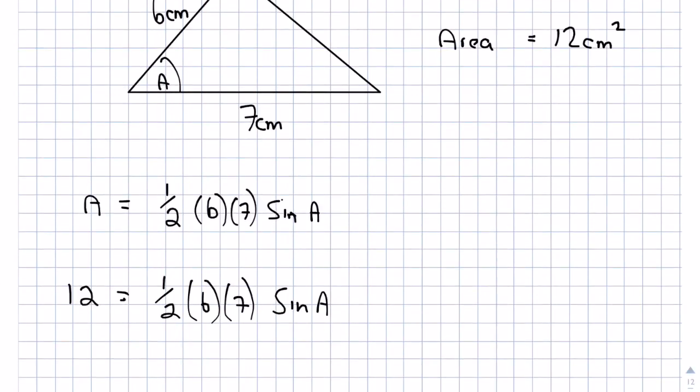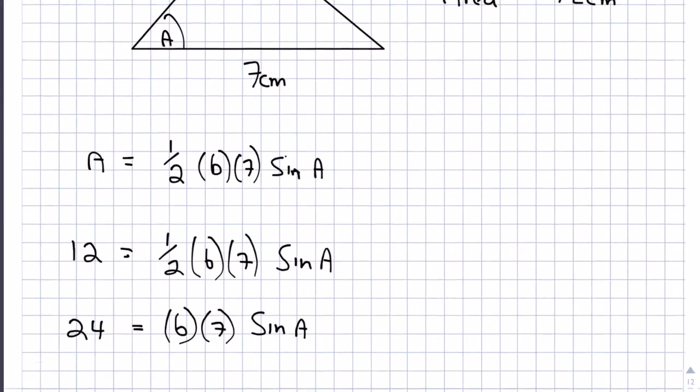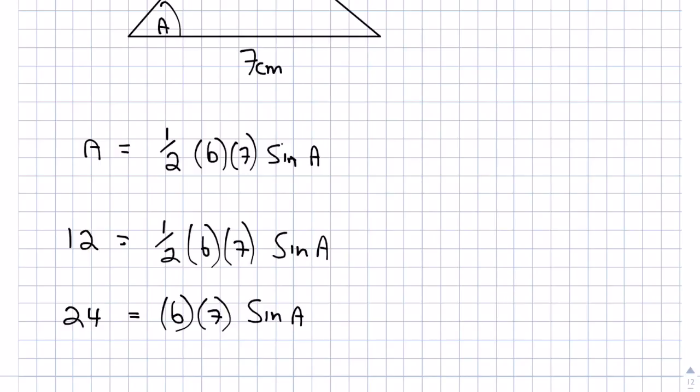Doubling both sides to get rid of that half, I have 24 is equal to 6 by 7 by the sine of A. And it's just a case of rearranging here. You can rearrange this, dividing both sides by 6 by 7, to get A on its own.